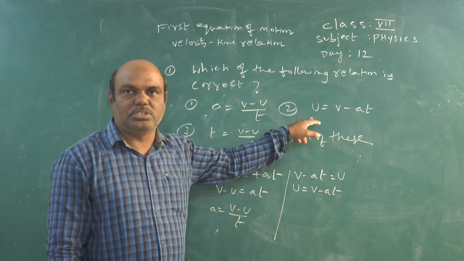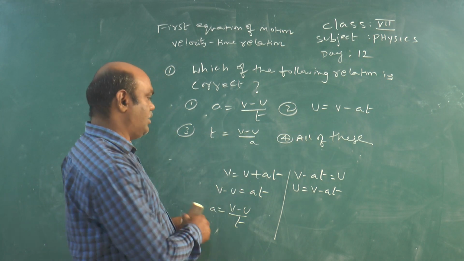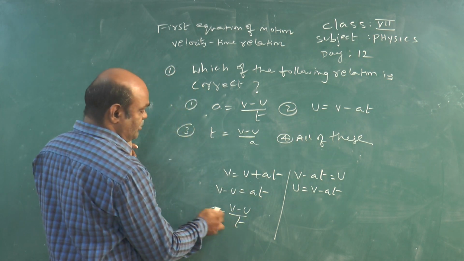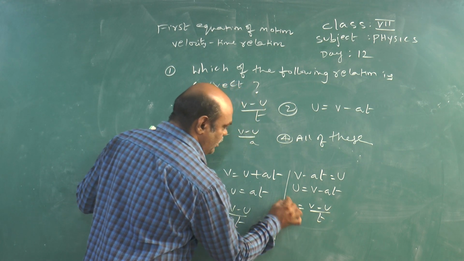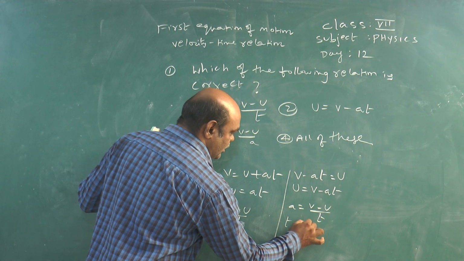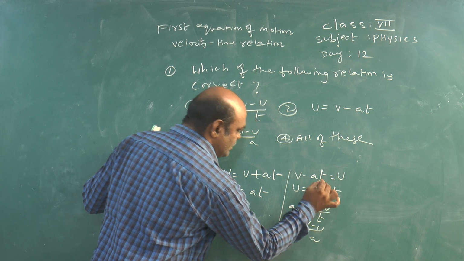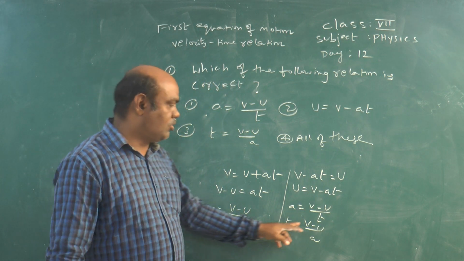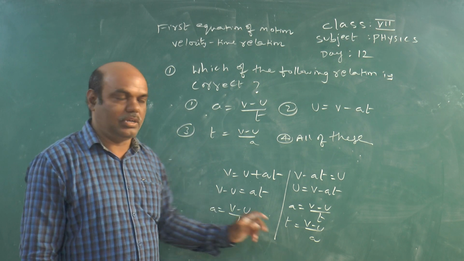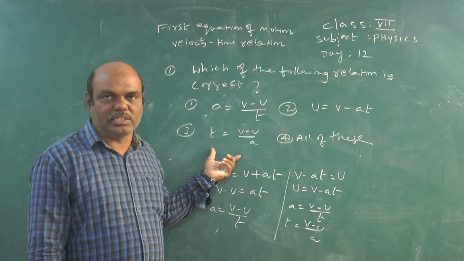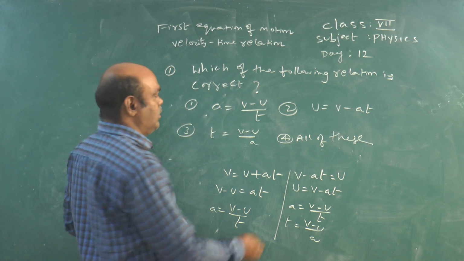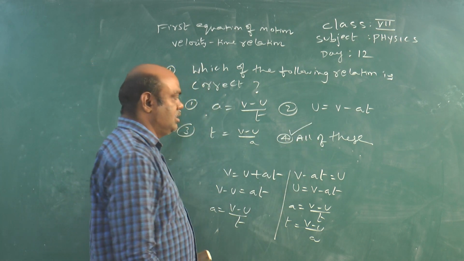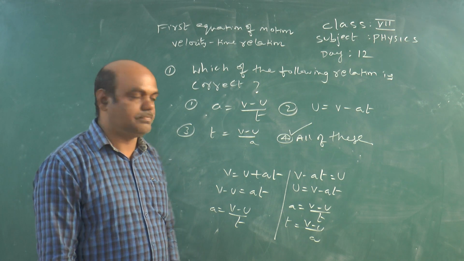The second relation is satisfied. Next, from a equal to (v minus u) by t, if t becomes the subject, t equal to (v minus u) by a. The third relation is also satisfied. So all three relations are correct, and our answer is all of these. The fourth option is correct.